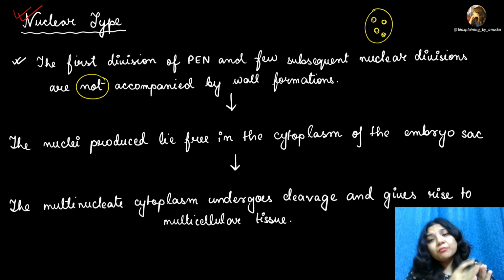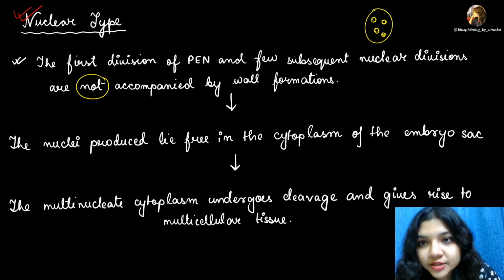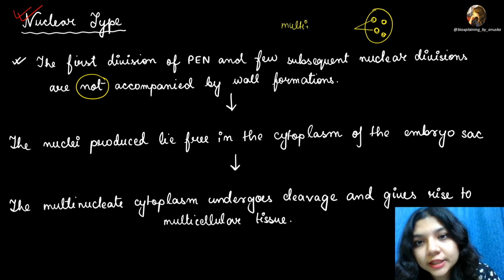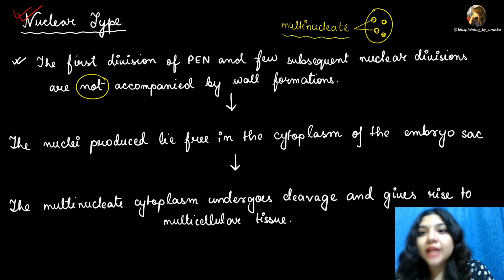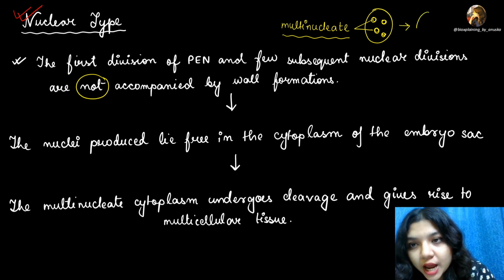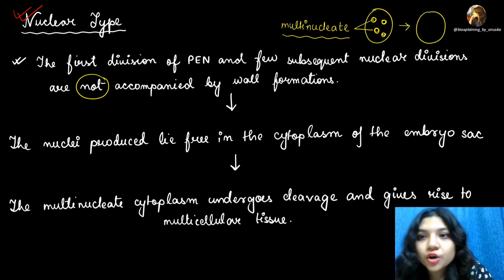Much later, this multinucleate cytoplasm, because multiple nuclei are present, what can I call this to be? We can call this multinucleate. This multinucleate cytoplasm will now undergo cleavage. And once it undergoes cleavage, what will happen?